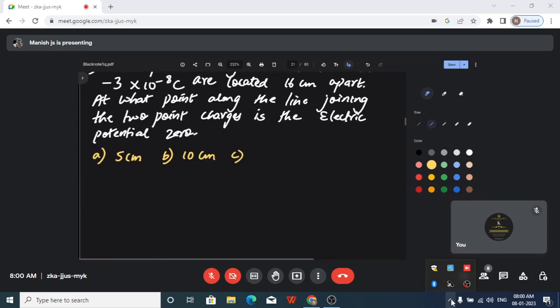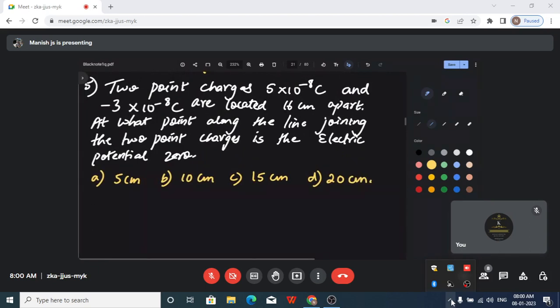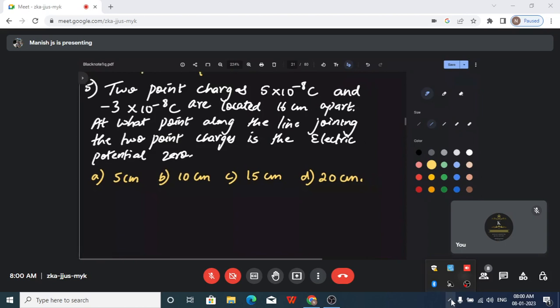Third option, 15 centimeters. Fourth option, 20 centimeters. Yes, you try. So you have two point charges that are located 16 centimeters apart. At what point along the line joining the two charges is electric potential zero? So that is the question.